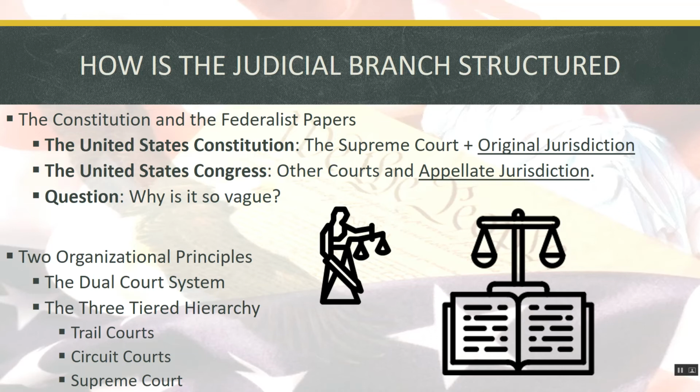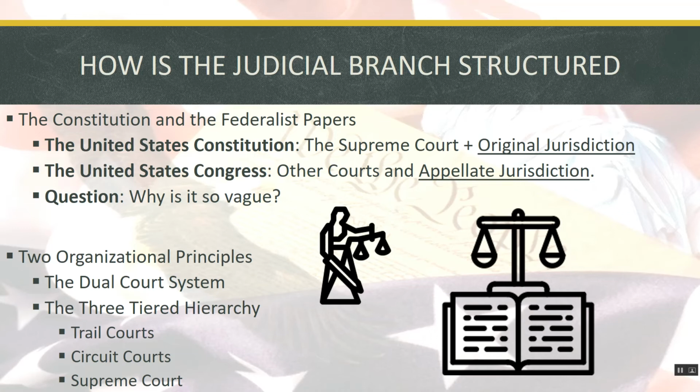The first section of Article 3 basically tells us that there will be a judicial branch, and that the judicial branch will be comprised of one Supreme Court and whatever other courts Congress shall from time to time ordain and establish. So that means that the only portion of the entire judicial branch that is directly mentioned in and created by the Constitution is the Supreme Court.